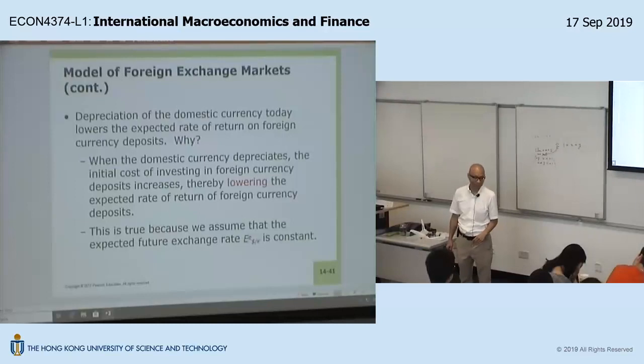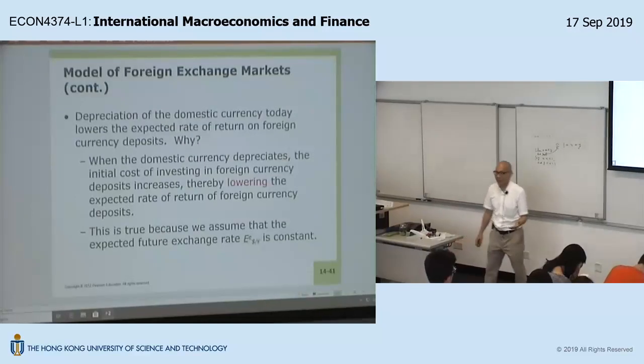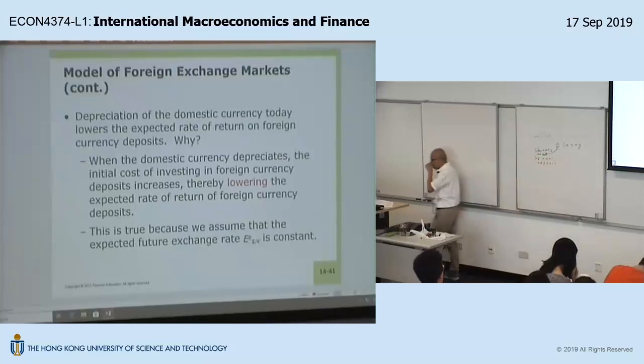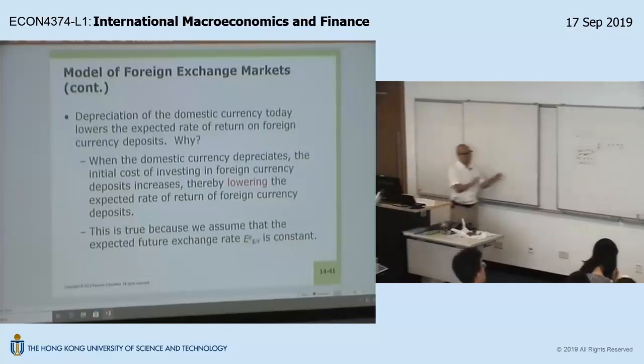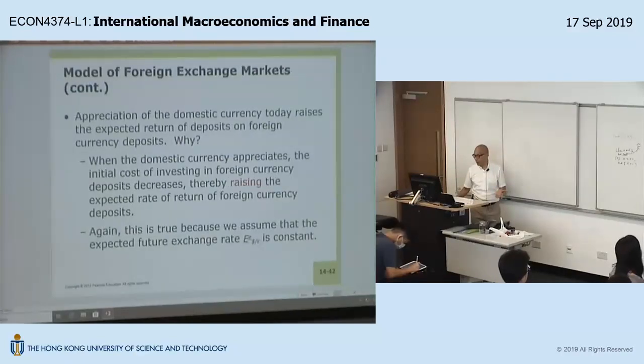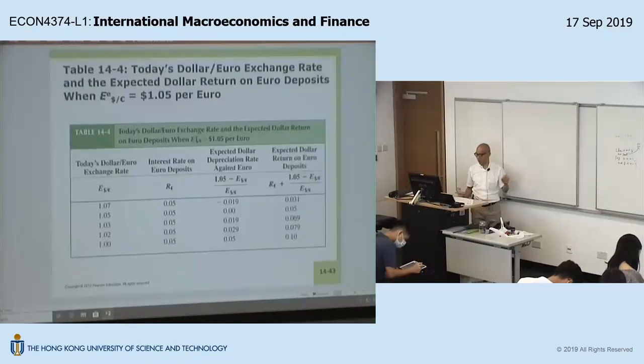Does it make sense? Okay. So basically it's just this kind of argument. This is one way of looking at it, right? The mathematical equation is there, and this is the economic intuition behind it.